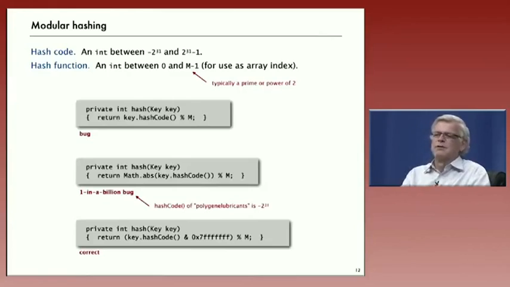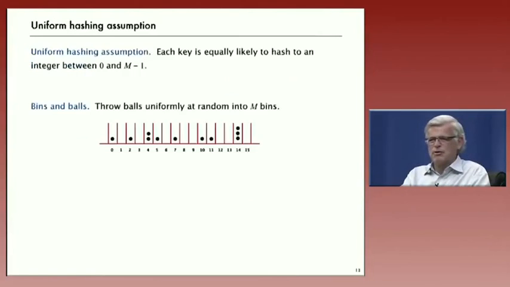And that's what we do in order to get the hash code to be a number between 0 and m minus 1. And if m is prime, it gives us some comfort that we have some possibility of each table position appearing with equal likelihood. So that's our assumption, that each key is equally likely to hash to an integer between 0 and m minus 1.